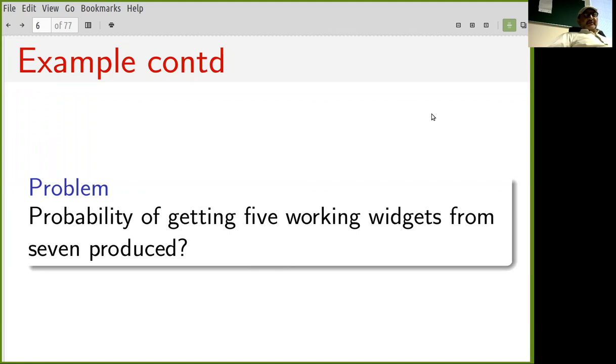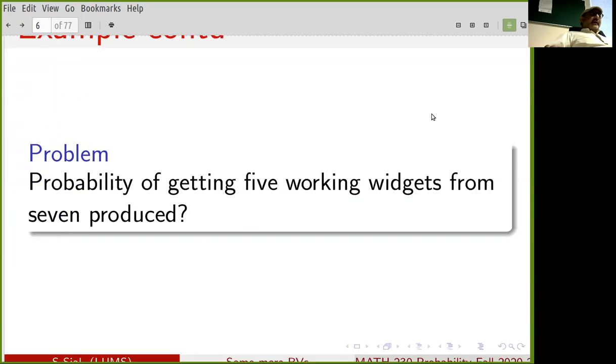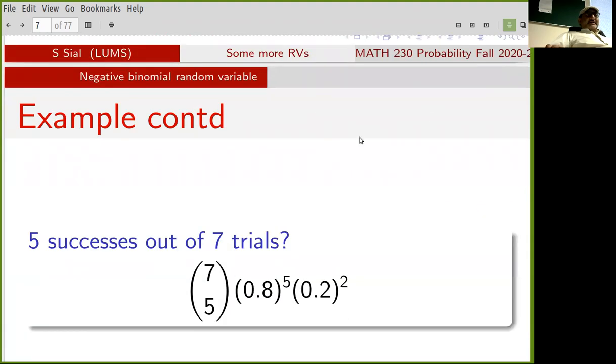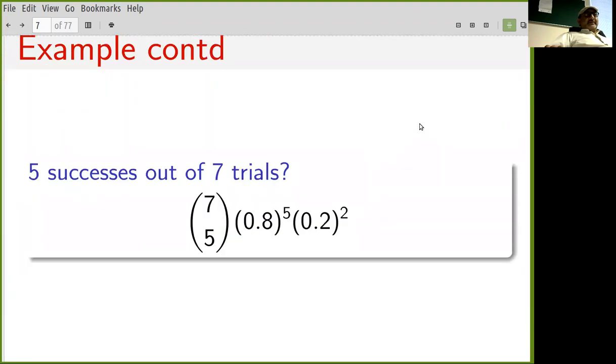There are 7 choose 5 ways of choosing where to put your successes, or 7 choose 2 ways of choosing where to put your failures. They're both the same, of course. And so the result is 7 choose 5 or 7 choose 2 times 0.8 to the 5, 0.2 to the 2. So 5 successes out of 7 trials. We've already seen that.